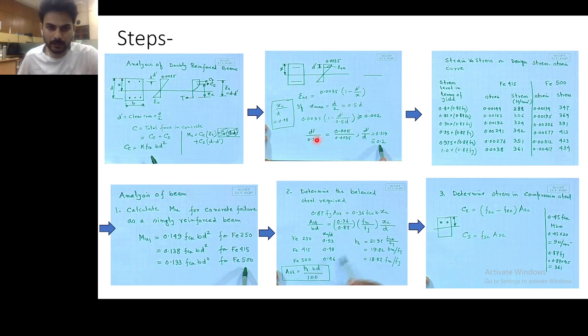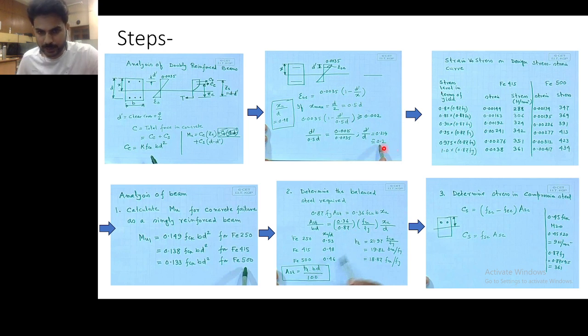So how do we calculate the strain in the compression steel? For that, this is the formula directly. By similarity of triangles, epsilon sc can be calculated like this. Considering that xu is maximum, xu becomes d by 2.5, so by solving that, d dash divided by d will be 0.2.